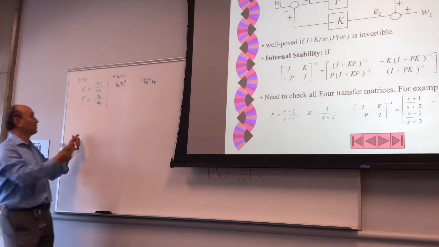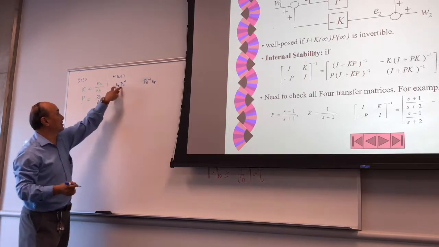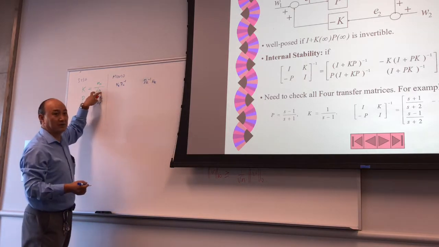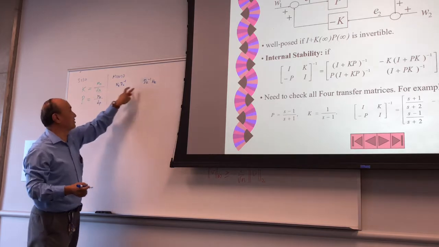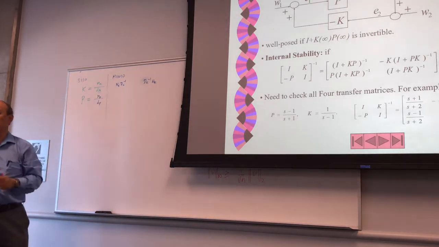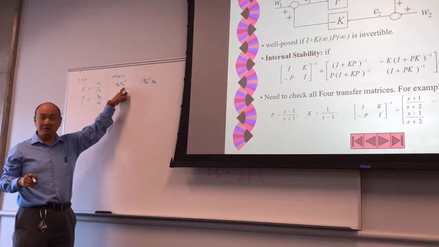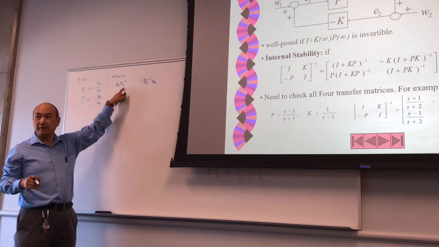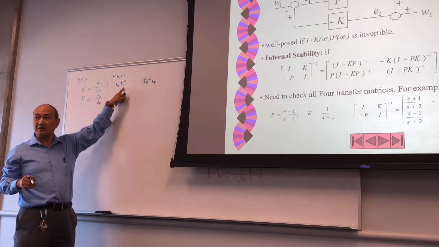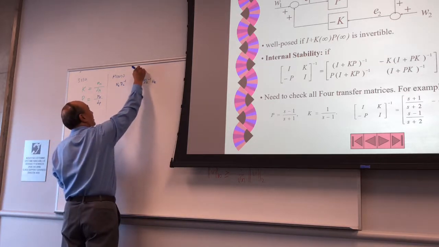For the SISO case, these are the same, but in matrix form, they are different. This is a matrix, this is also a matrix, so we need to be careful about factorization. So that's why we need to talk about factorization.